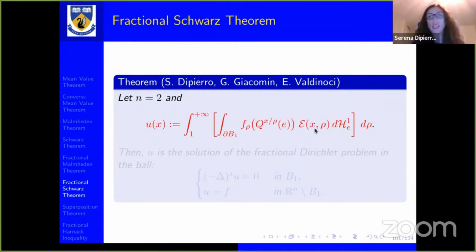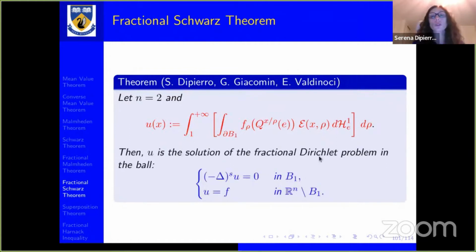Here it is the same, just that again we have the weight, the same weight, and we are integrating outside the ball. So once you pass to polar coordinates, you end up with something of this type. And then if you write u in this way, u is the solution of the Dirichlet problem in the ball. So it's s-harmonic in B1 and is equal to f in R2 minus B1.